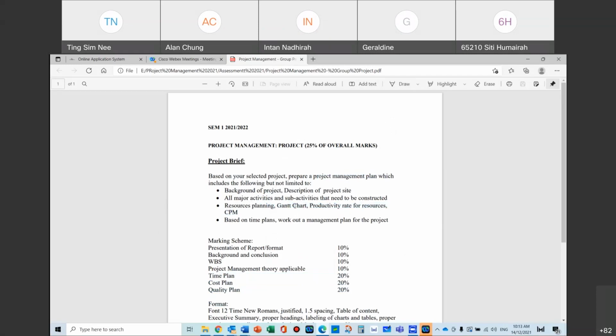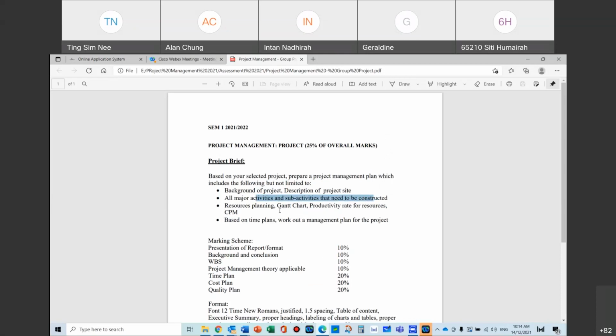So it means that you need to do your work breakdown structure. This time round, like I said, I will still stick to around 12 to 15 major activities. If your previous project with the Gantt chart has 12 to 15 activities already, and you do not want to make it even bigger, you don't have to use your IDP.